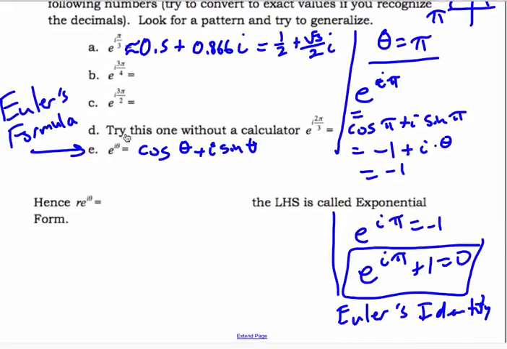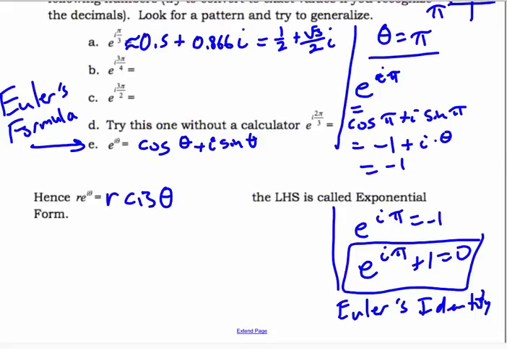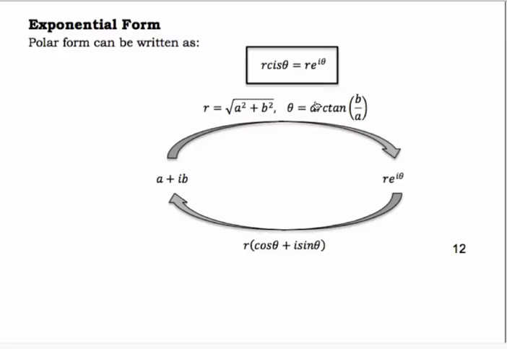Okay, so now you can write any complex number as r e to the power of i theta. It's always going to be equal to r cis theta. Okay, so the same thing. And depending on what we're doing, one of these forms could be more useful than the other. Okay, so now we have the 3 forms.